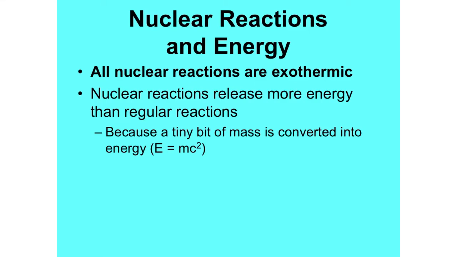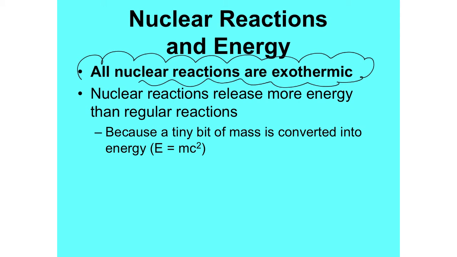All right, in our last video, we left off on this slide and said that all nuclear reactions will release energy. So all nuclear reactions are exothermic. Now, the amount of mass that is lost is tiny. When you look at it, you would almost think it was insignificant.